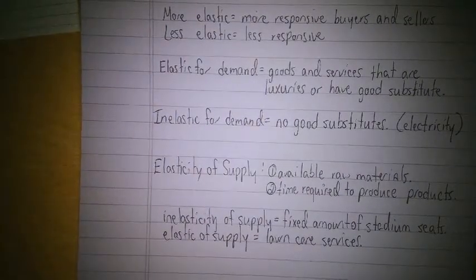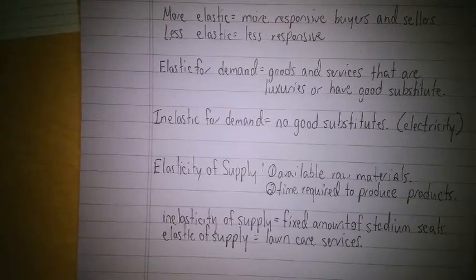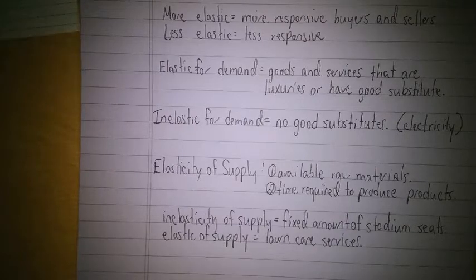So again, just look at it like this. If it's elastic, we're more responsive to it. We can change it better. If it's less elastic, we are less responsive to it, okay? Elasticity has good substitutes. Inelasticity doesn't. Okay, it's hard to replace what we don't have there.